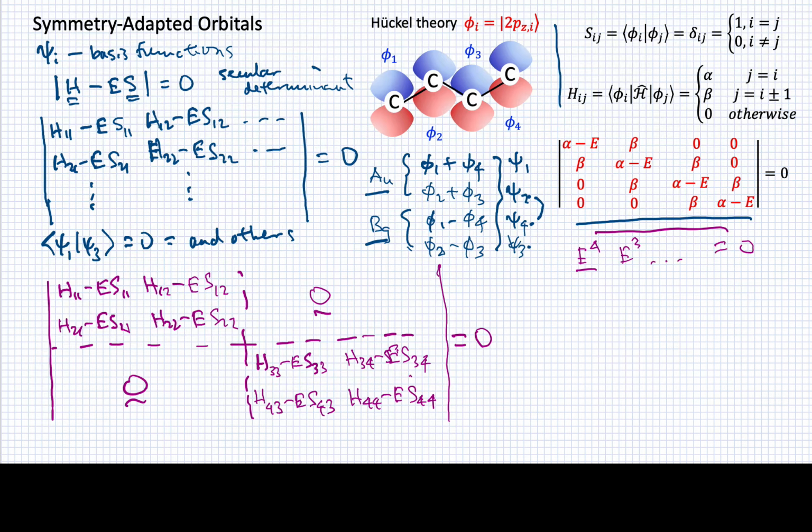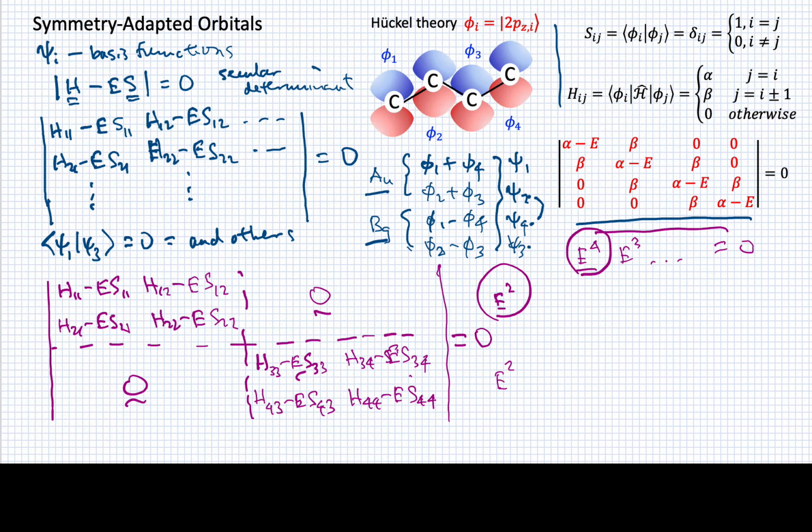Whereas this one now has only two quadratic equations that need to be solved, because it's two 2 by 2 blocks of this Hamiltonian. So this is something that's actually much easier to solve than this, although admittedly, with a dimension of 4, it's not going to be difficult to solve under other circumstances.